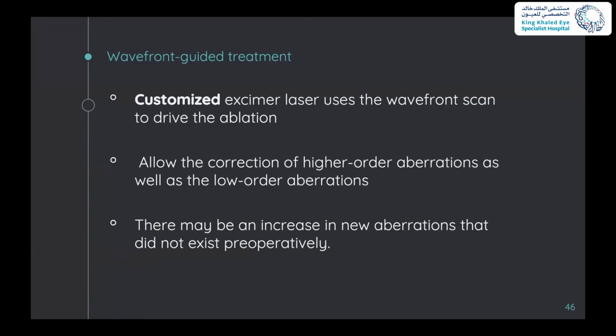A Wavefront-guided treatment is a little bit different. They are customized to each patient, and they use the wavefront scan to drive the ablation. And this will allow us to correct high order aberration as well as the low order aberration. But again, it can also induce some aberration that was not existing preoperatively.